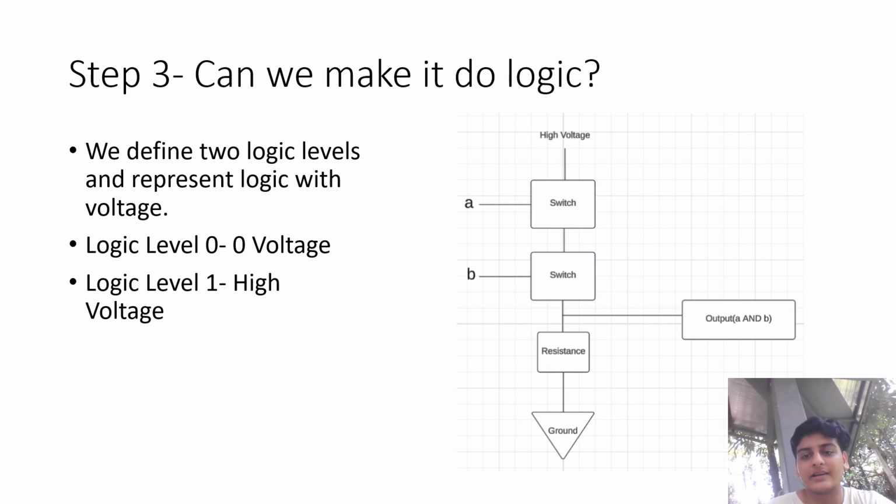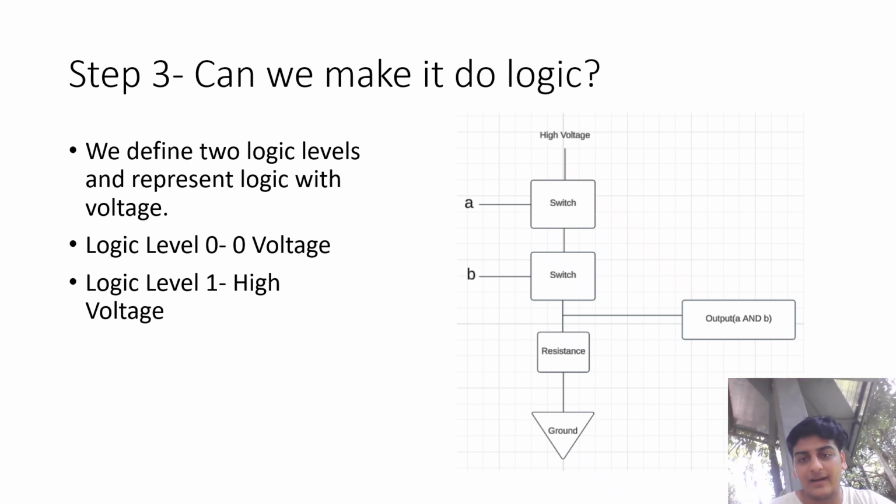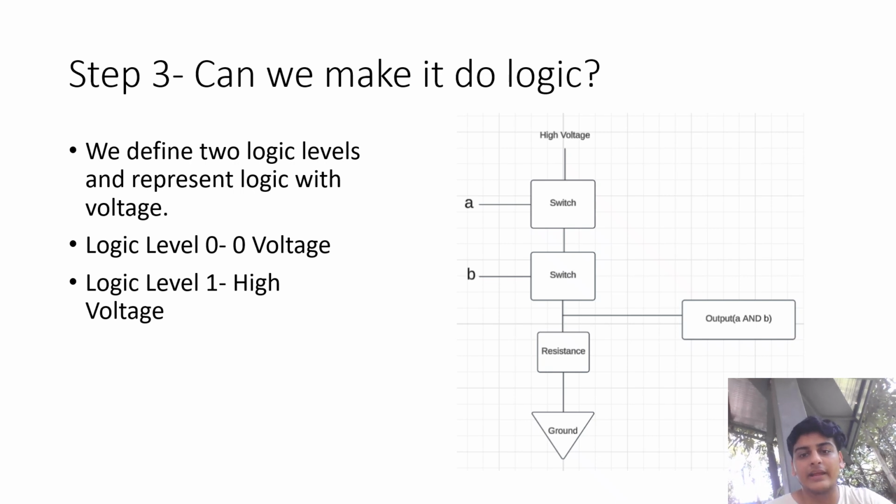Since it's a purely conducting wire and you don't have any resistance in the middle, the voltage of both these points will become the same. So your output will become high voltage because you have a conducting path to the high voltage point. This is why when A and B are both high voltage or logic level 1, you get the output also as logic level 1, which is consistent with 1 and 1 being equal to 1.